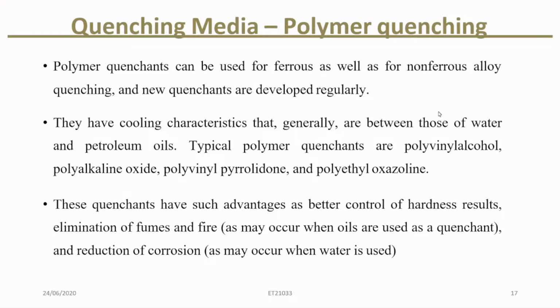Besides water and oil, we can quench in polymer solution. These work for steel and also for many non-ferrous alloys like aluminium bronzes. In terms of cooling speed, polymer sits between water and oil, and the nice part is we can tune the speed by changing the polymer concentration.